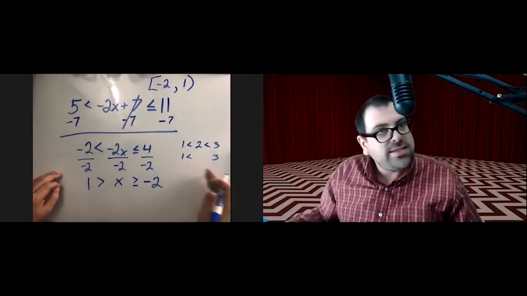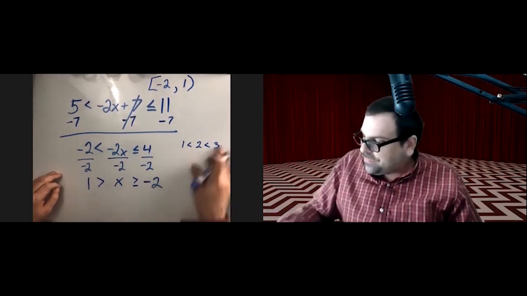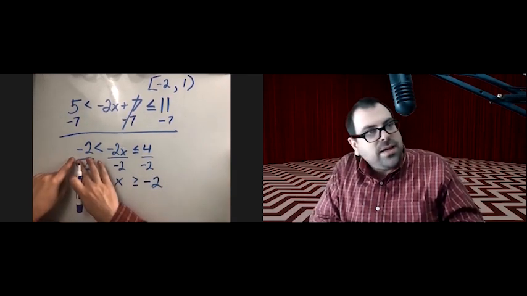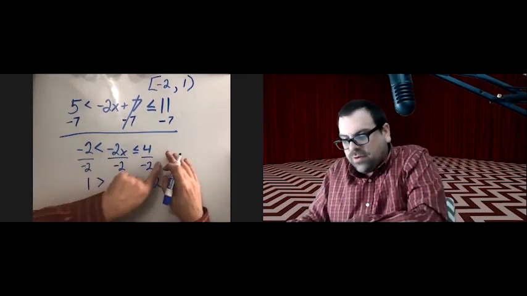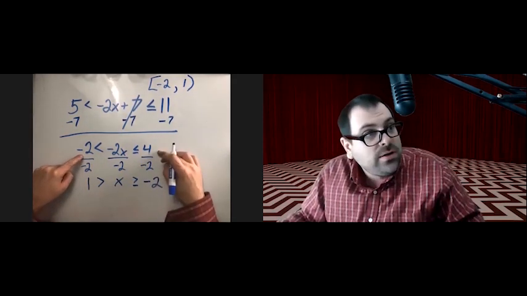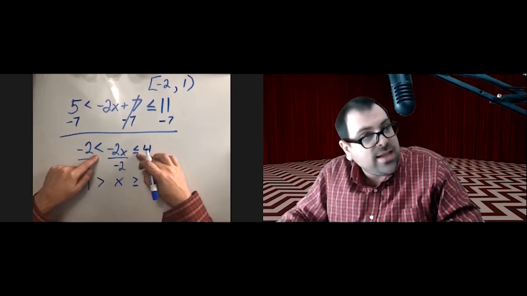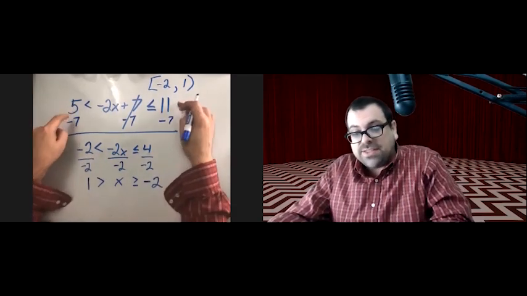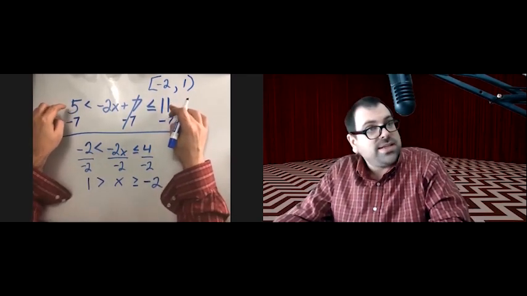So it kind of has this transitive property. We want the least thing on the left, the greater thing on the right. -2 is less than 4. That's why we can use less than less than. 5 is less than 11. That's why we can use less than less than.